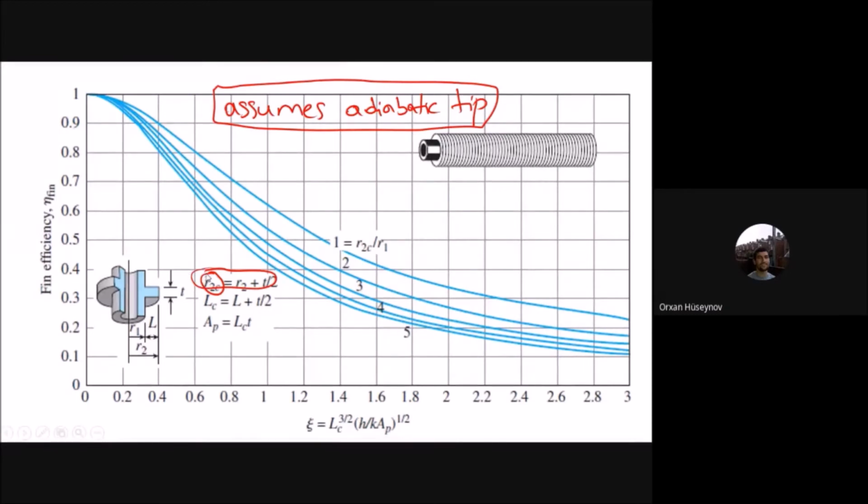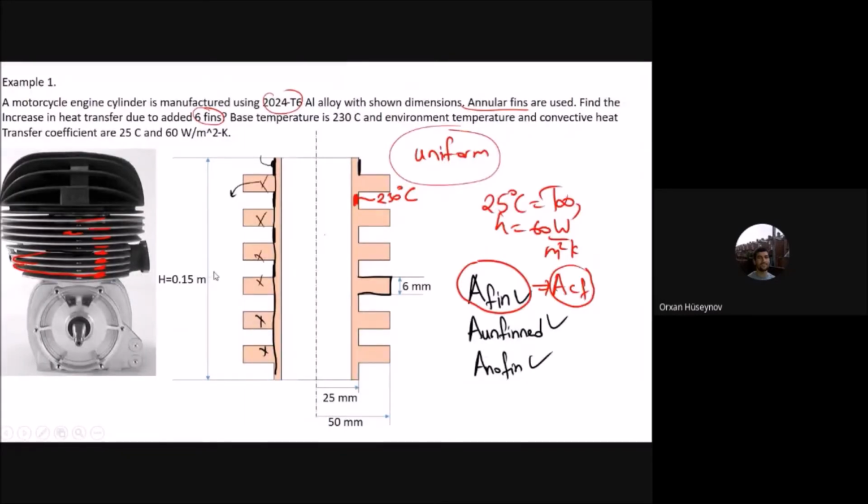Now let's calculate the fin area. If you look at the top view, this one is the cylinder, and around that cylinder you have the fin in cross section. The area of this fin, where this one is R1 and this one is R2C, is pi times R2C squared minus R1 squared.